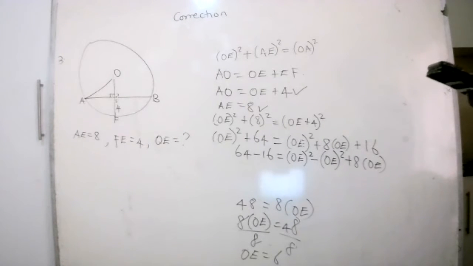So let's find out from what you have done and what the book has done, so that we justify the solutions we obtained here. Using Pythagoras, OE equals x minus 4.